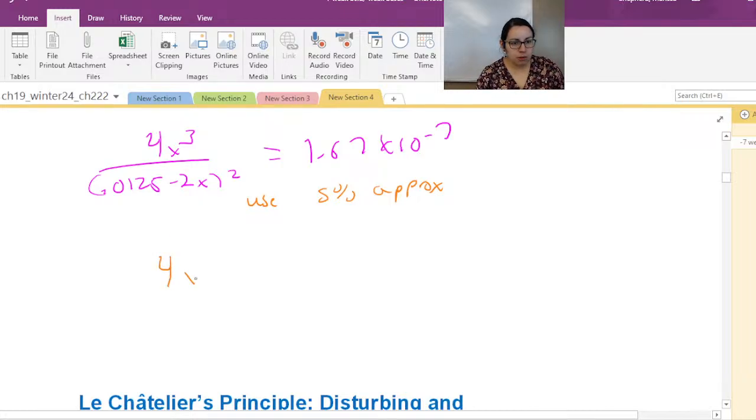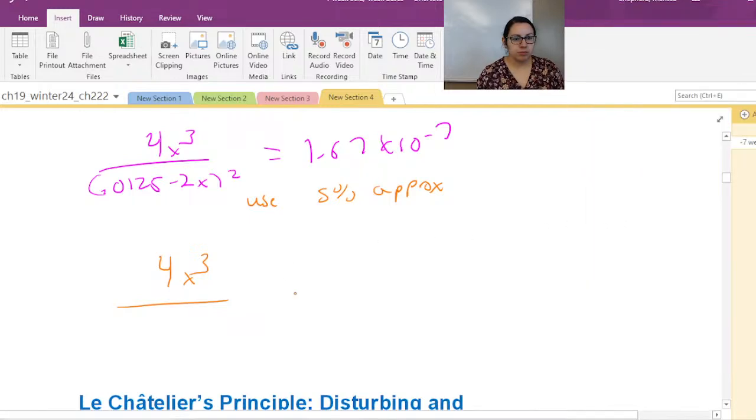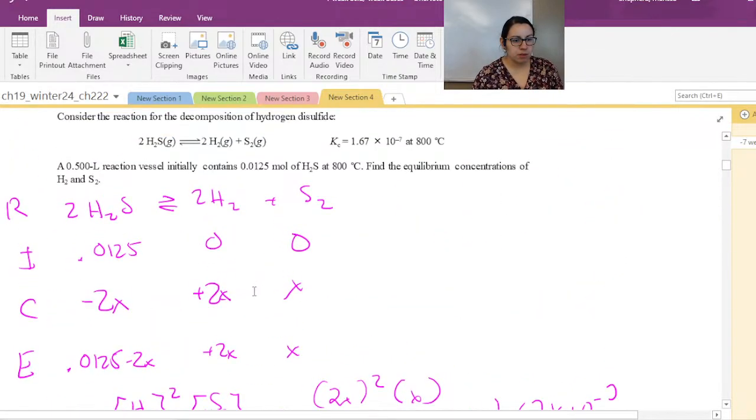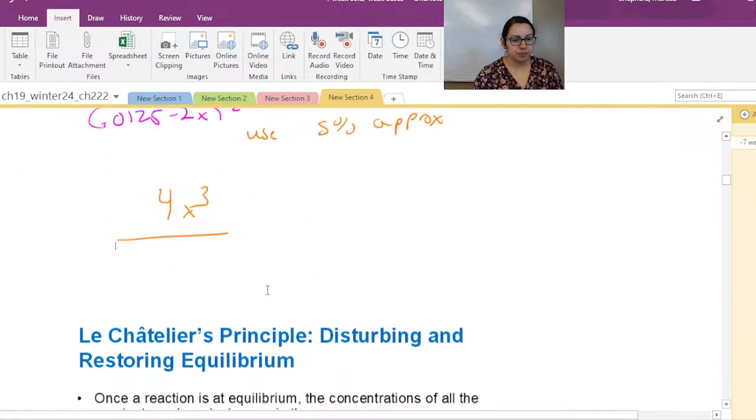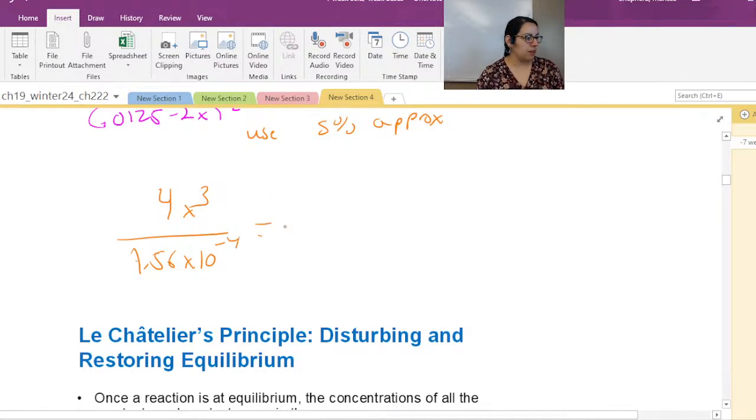And so now we have 4x cubed over, and let's get a number, 0.0125 squared. Is that right? I'm just making sure I plugged in the right number. All right, so now we get 1.56 times 10 to the negative fourth equals our 1.67 times 10 to the negative 7th.